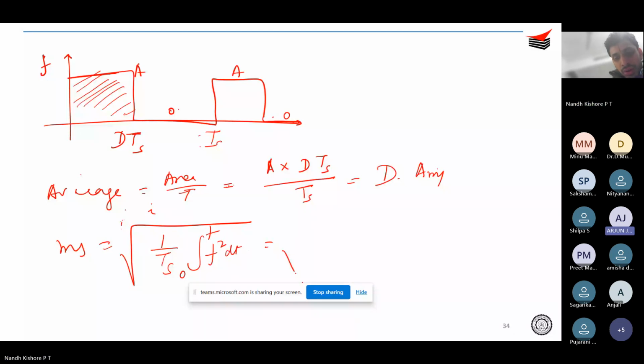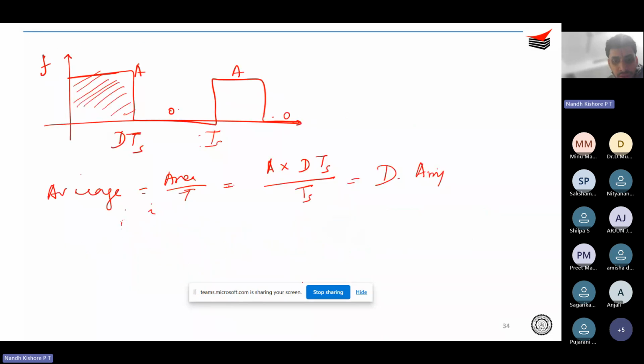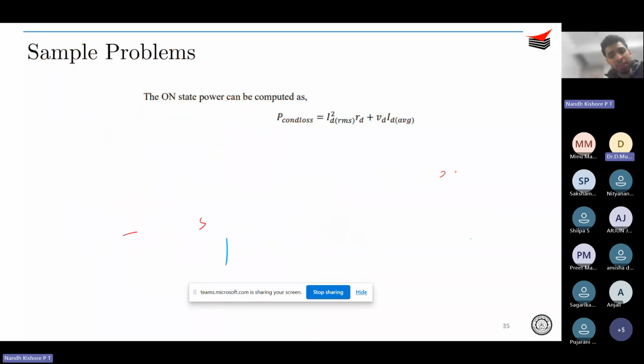So root over 1 by Ts integral 0 to D Ts amplitude squared into dt. Okay.